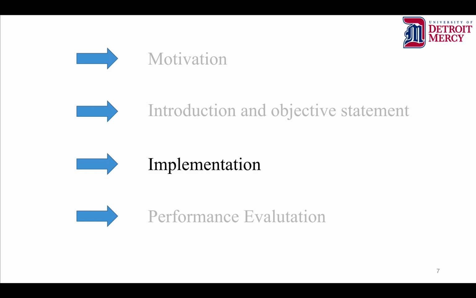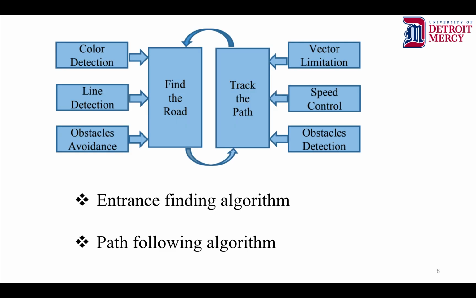The third part is the implementation. There are two algorithms. The first algorithm is to find the entrance, and the second algorithm is to follow this path. For entrance finding, we have to do color detection and line detection, and also some obstacle detection and avoidance.